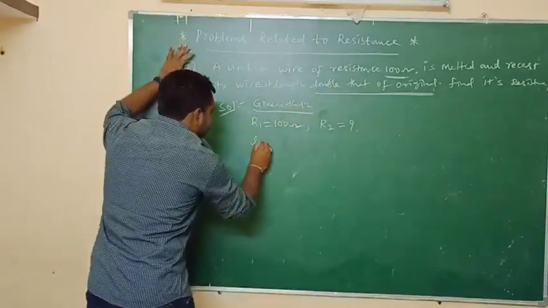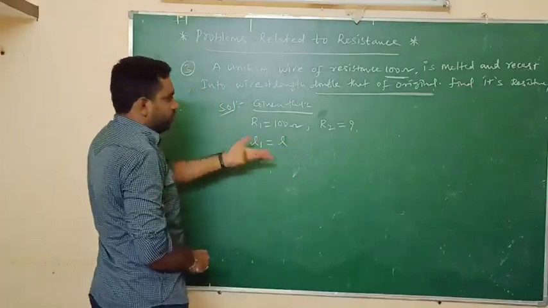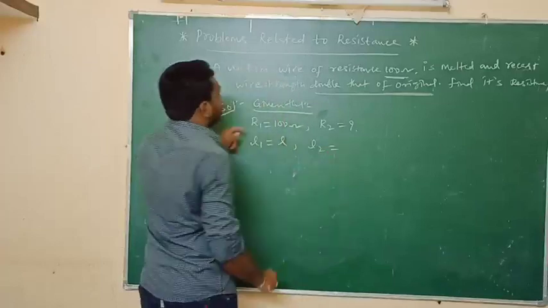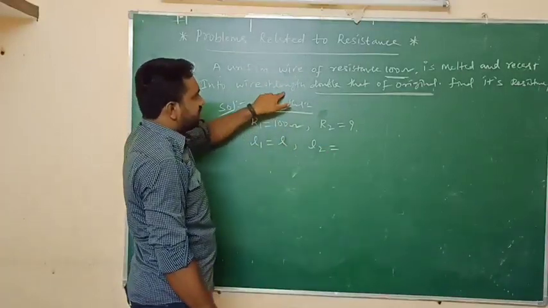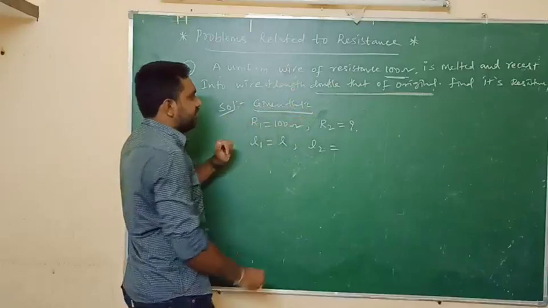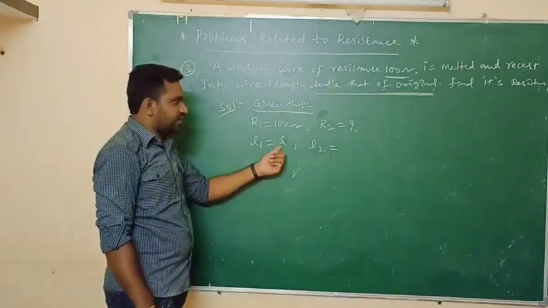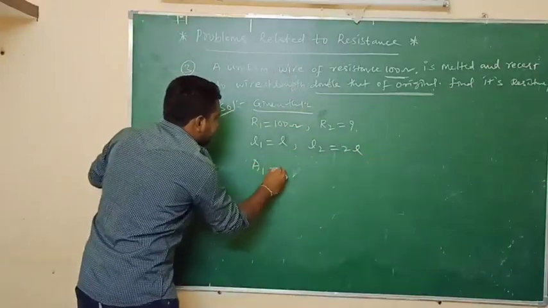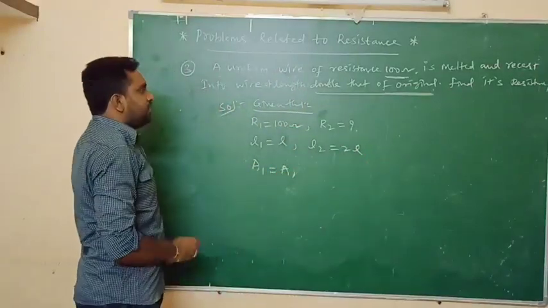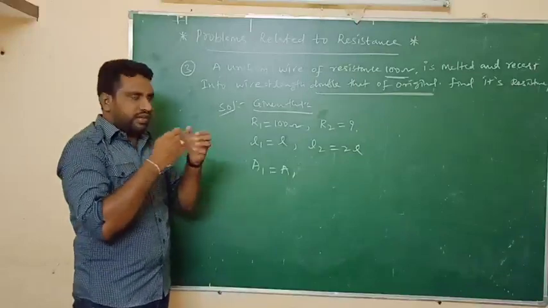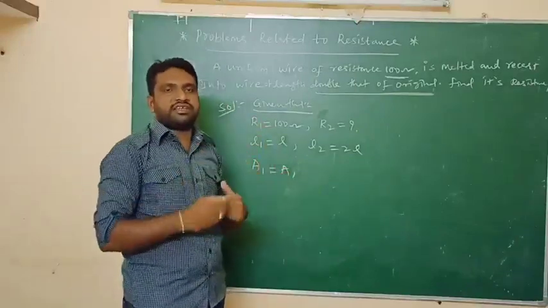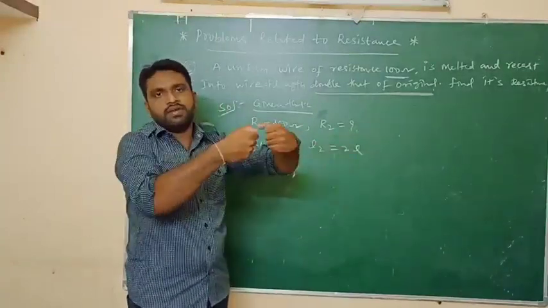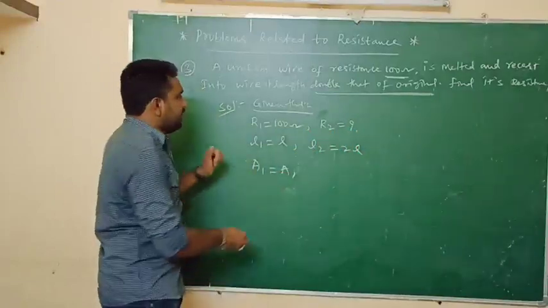We assume the initial length L1 equal to L, since we don't know the length. L2, the length after the recast, is double the initial length, so 2 into L. The initial cross-section area is assumed as A. When the length of the wire becomes double, its thickness decreases, so the area becomes half.